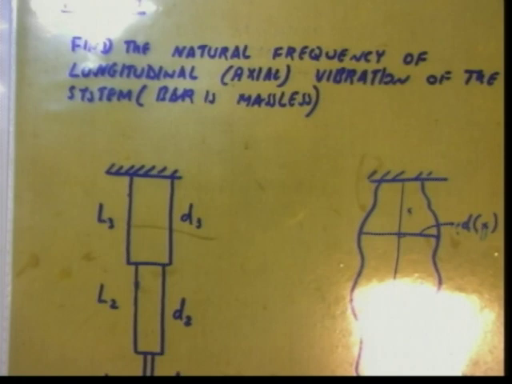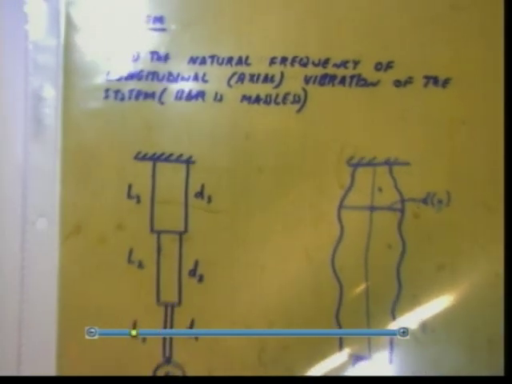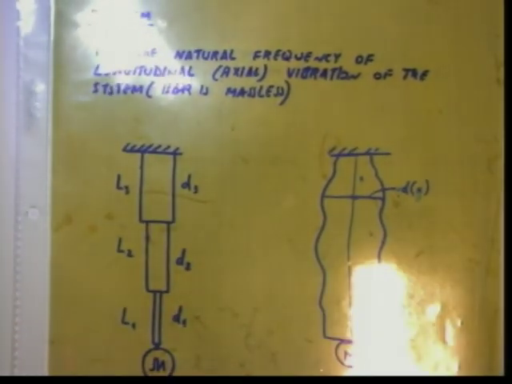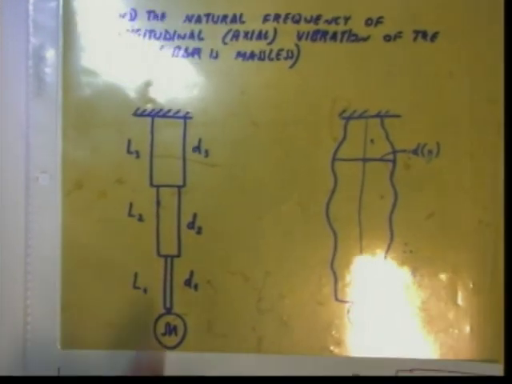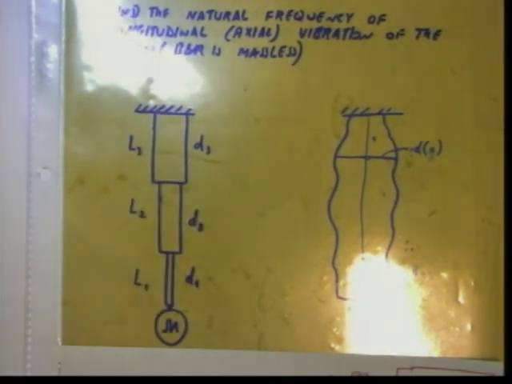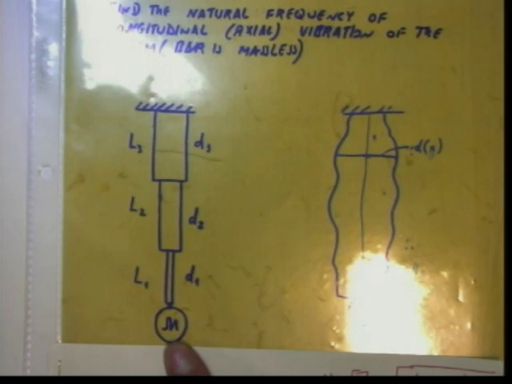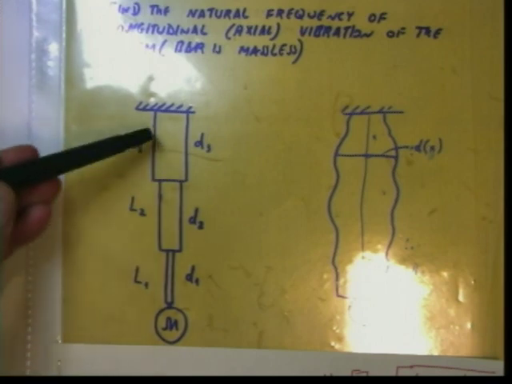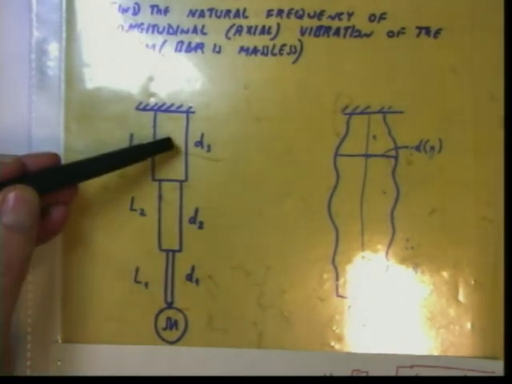Okay. Let me assign you one more homework. Find the natural frequency of longitudinal vibration of the system. These bars are massless. No mass. Mass is concentrated here. The cross-sectional area is circular.